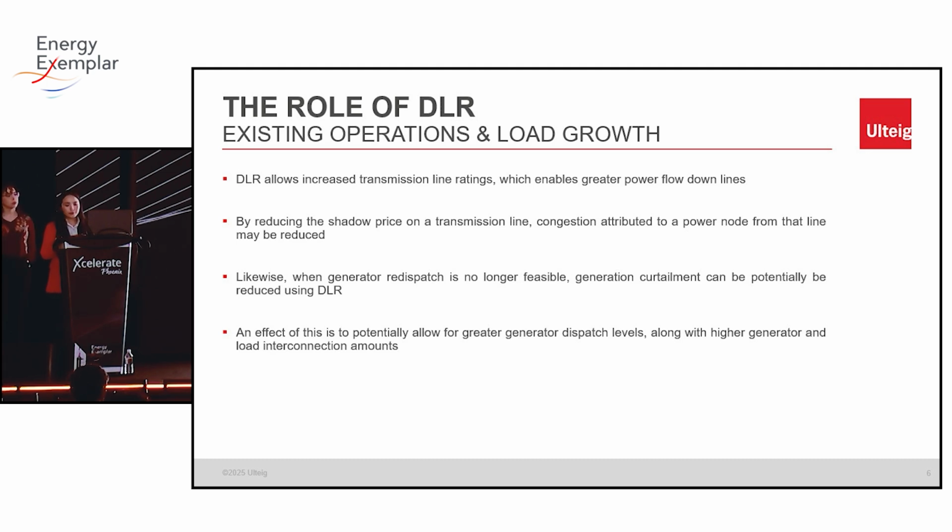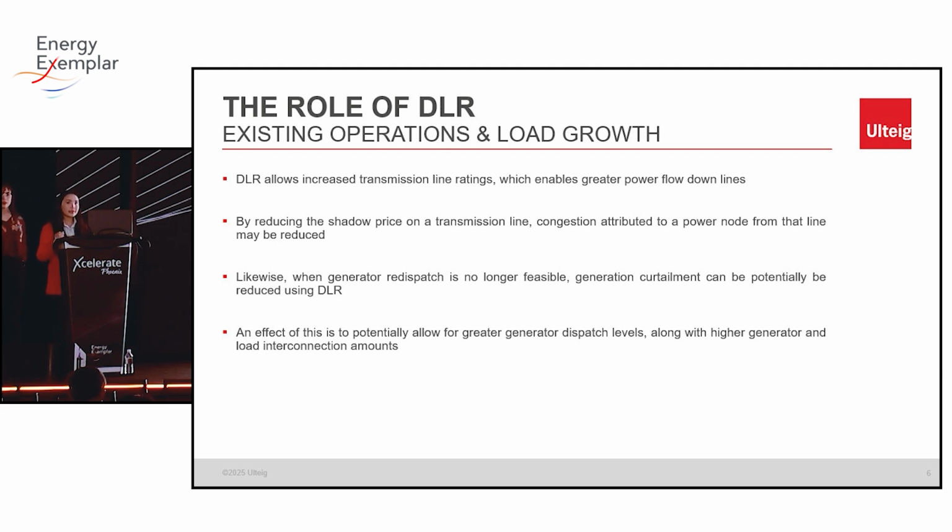It is possible that generators curtail economically when redispatch leads to a severe economic penalty. As you can imagine, generation curtailment is also affected by dynamic line ratings. Increasing line capacity has potential to significantly alter the point at which resources must be curtailed. In total, the effect of this is to potentially allow for greater generator dispatch levels along with higher generator and load interconnection amounts.